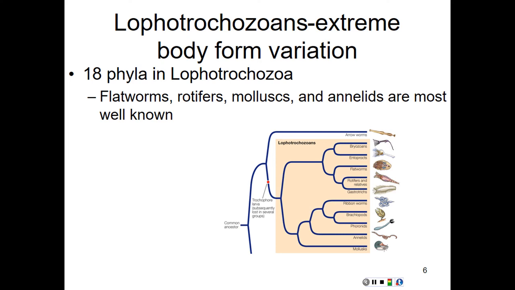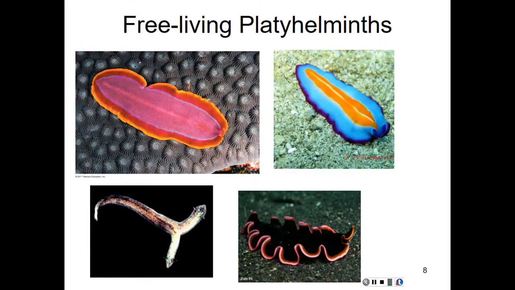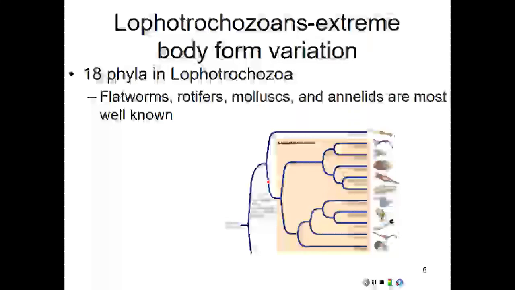Some members have this lophophore, and some members also have what's called a trochophore larva, which is a larval form that moves by beating cilia. Along the way, we'll look at a picture of this trochophore larva. But this is where the name Lophotrochozoa comes from, a combination of lophophore and trochophore larva.